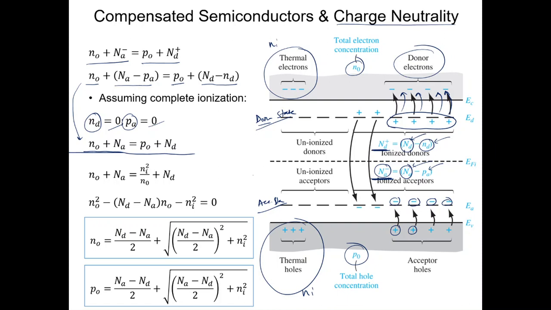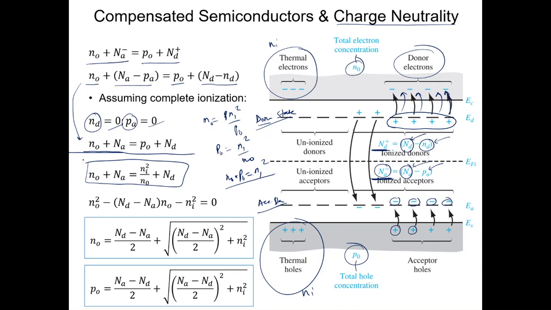Now you remember, you can write in place of N naught, Ni square divided by P naught, or in case of P naught, you can write Ni square divided by N naught. This is because N naught times P naught equals Ni square. Okay, so we rewrite this equation.